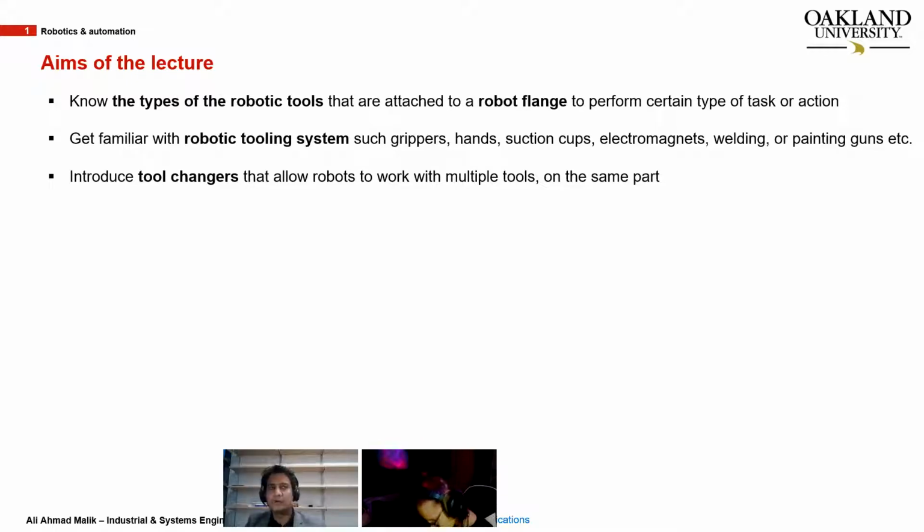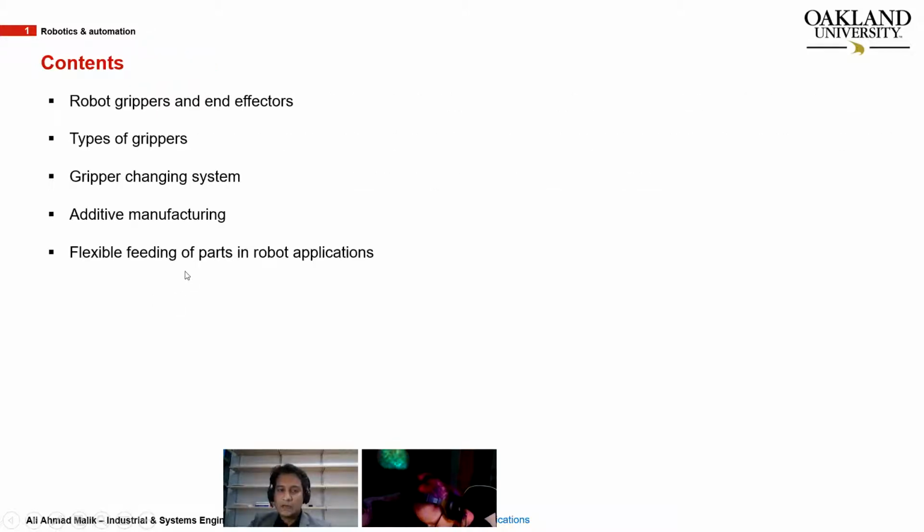If you want to have different types of components, then there are some approaches to do flexible feeding, so we will have a look at them. Contents, as I said: robot grippers and effectors, types of grippers, gripper changing systems, how additive manufacturing or 3D printing is used in robot gripping, and then flexible feeding of parts in robot applications.